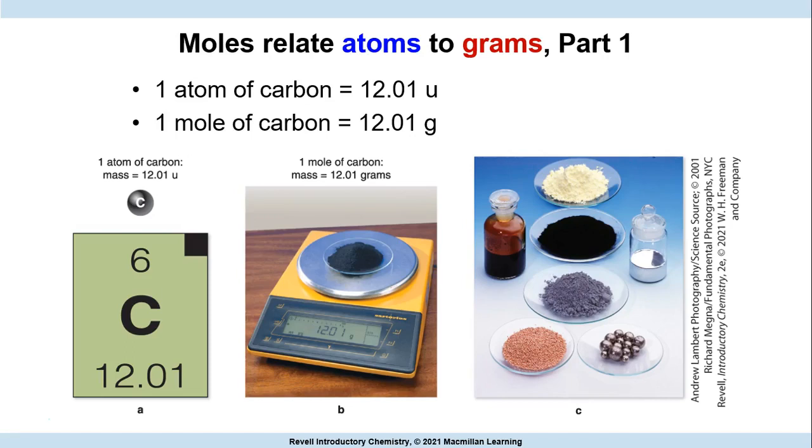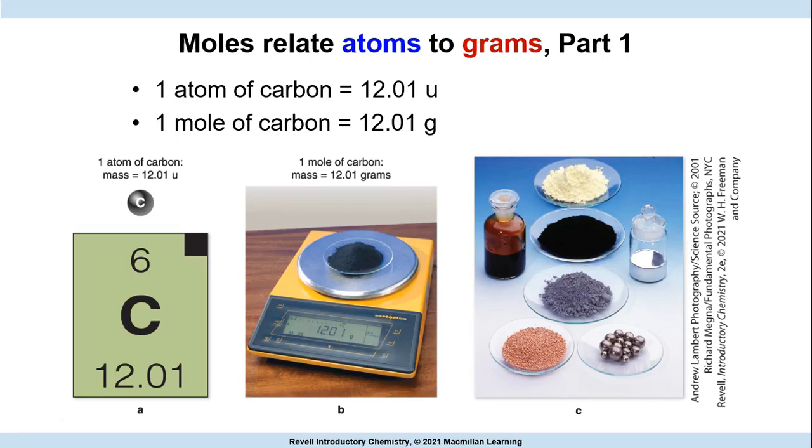Now, let's see how we can relate moles of atoms to grams. The moles help us to relate atoms to grams, because we were talking of atomic mass units. We are talking of atoms, but we cannot measure atoms in the lab. But what we can measure in the lab is grams.